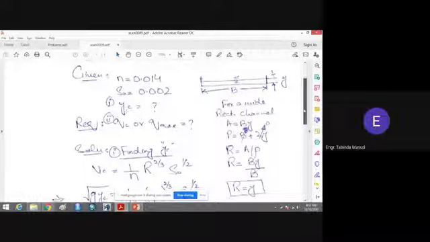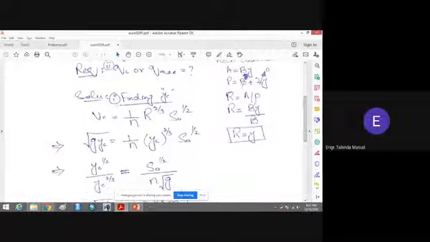First of all, we have to find the critical depth of the flow. For critical depth of the flow, we are going to use the Manning equation for velocity, that is velocity is equal to 1 by n R power 2 by 3 S naught power 1 by 2. And we know that for critical flow in a rectangular channel, Vc is equal to under root of g yc.